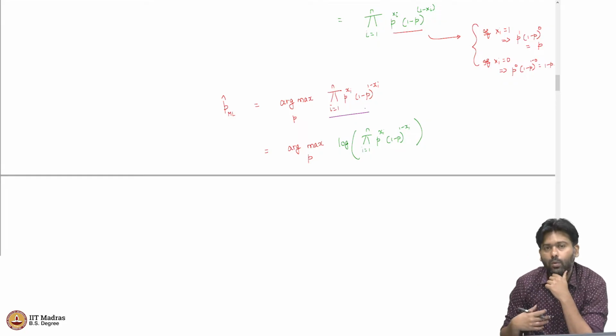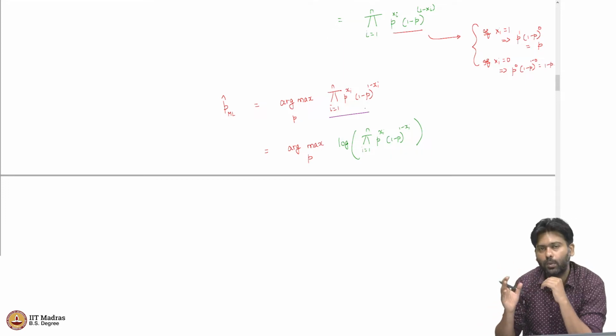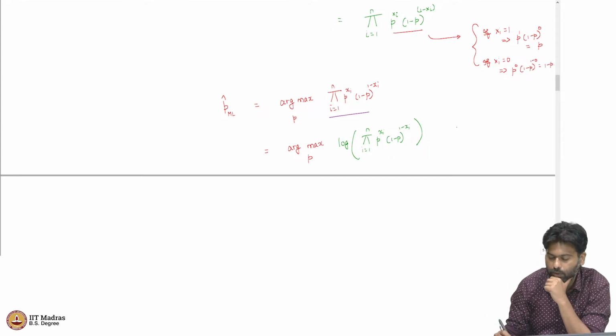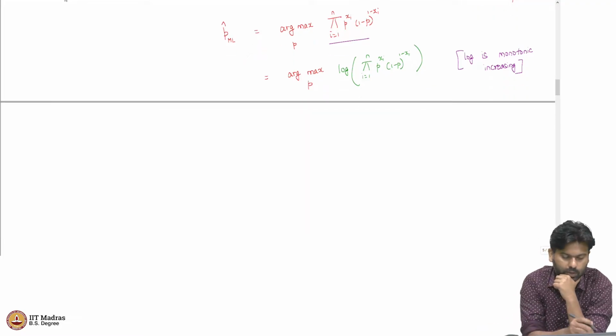So it is okay if I either maximize the original function or the logarithm of it. The point where the maximum occurs does not change, right? Because log is a monotone increasing function, I can do this. Now things become simpler.